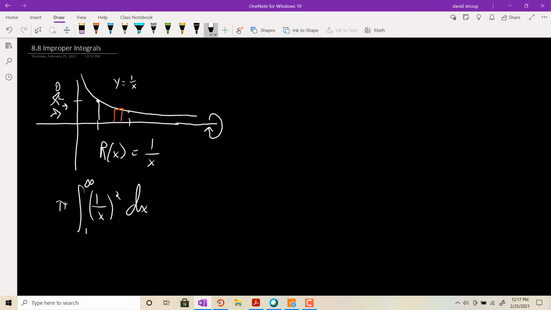If the Riemann man is throwing in more and more volumes of disks as he runs along, does that volume just get so big that we can't put a number on it? Is it just continually growing, or is it kind of enclosed in a box, so to speak?